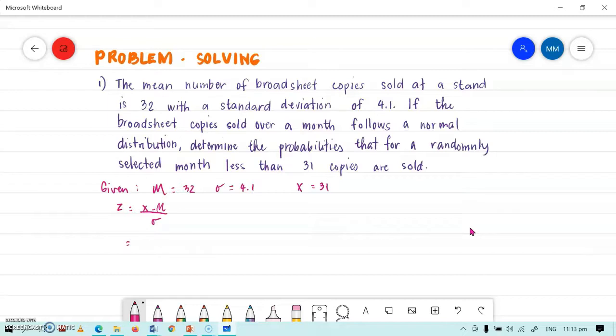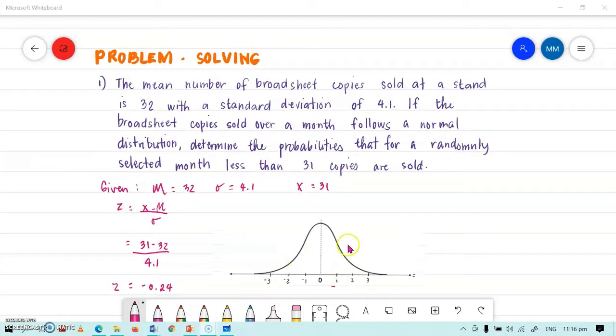So that is 31 minus 32 over 4.1. That will give us negative 0.24. Alright? So now that we have standardized our x value, we can try illustrating our curve.